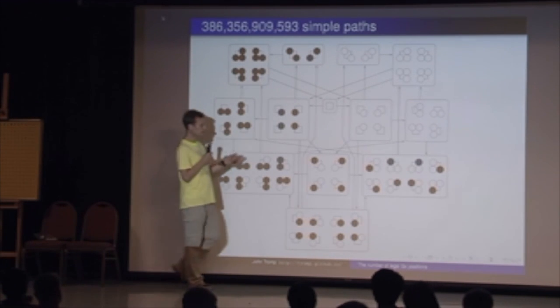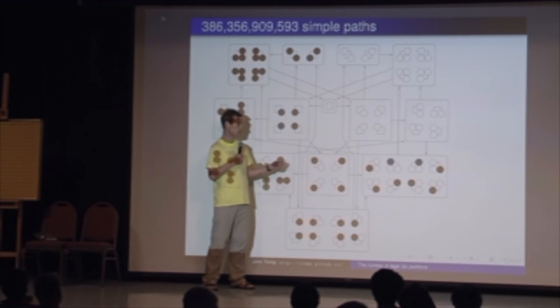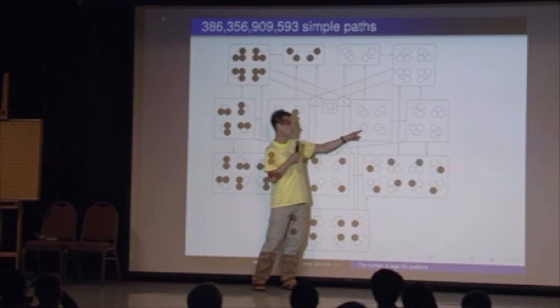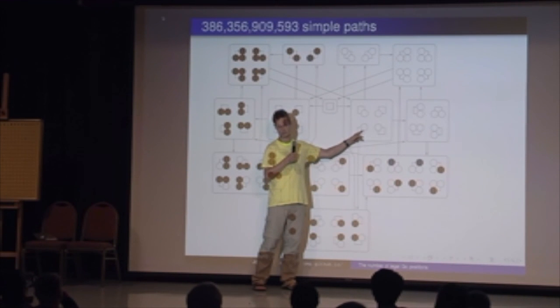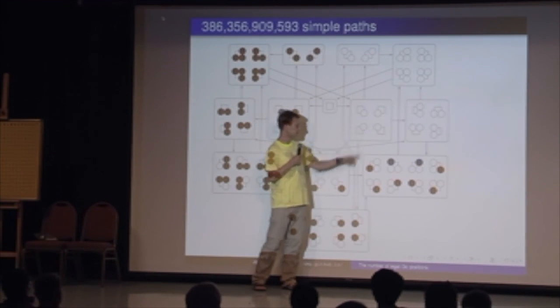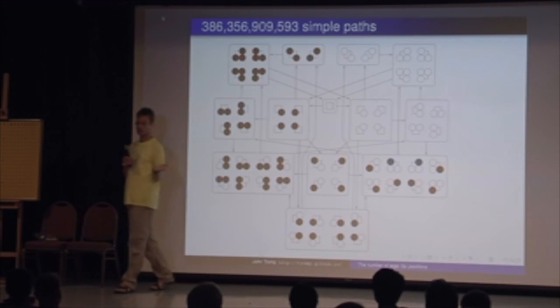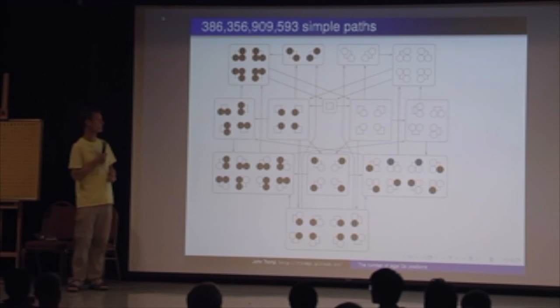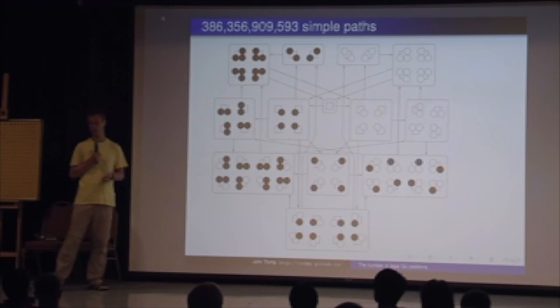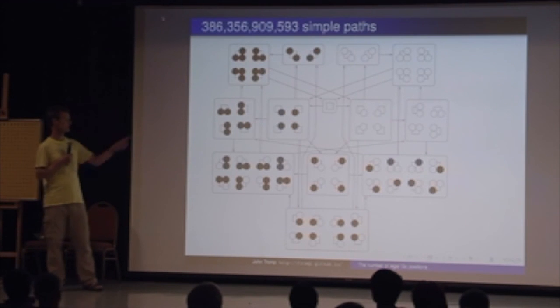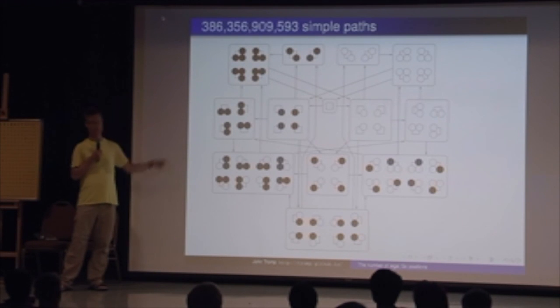And also note that there is no notion in this picture of who is to move. It's just that if you move from the empty position to one of these, it just means that black passed first. So anytime you follow two edges that are both white moves, it just means that black passed in between, and vice versa. So the number of 2x2 games, according to certain rules, you can find on my webpage, is the number of simple paths in this graph.